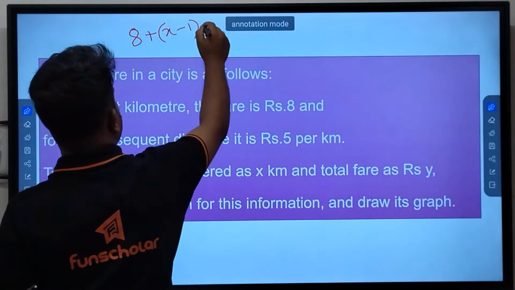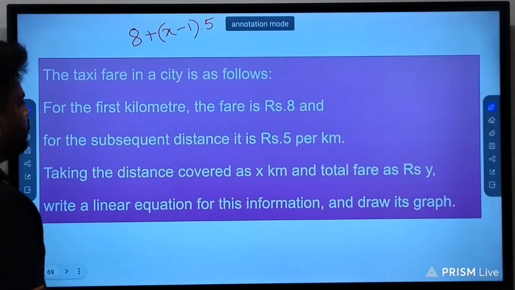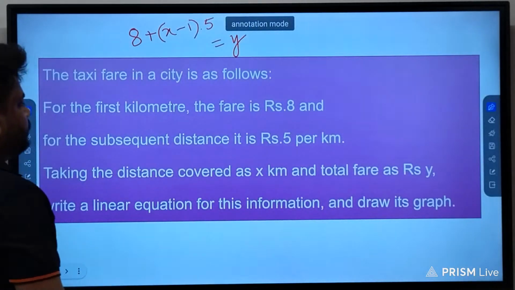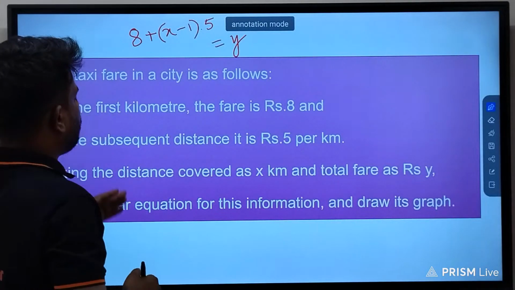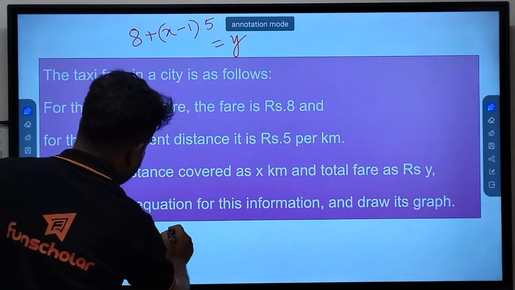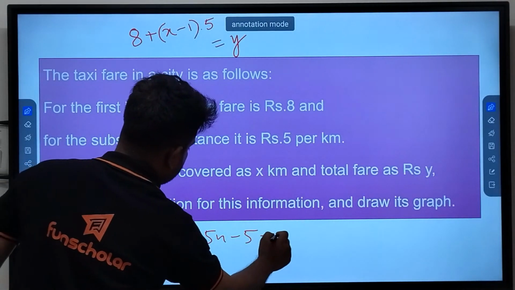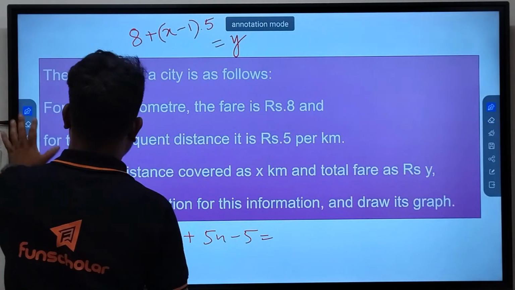The fare will be (x minus 1) into 5, and the total cost I got is y, right? So the total will be 8 plus 5x minus 5 equals y.